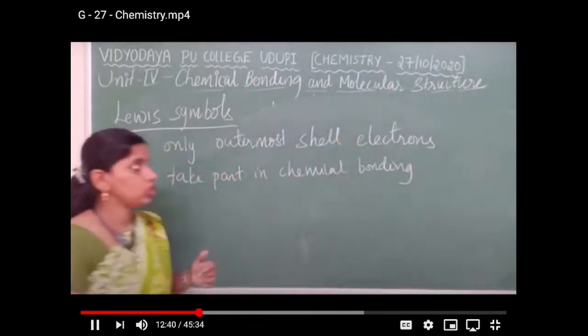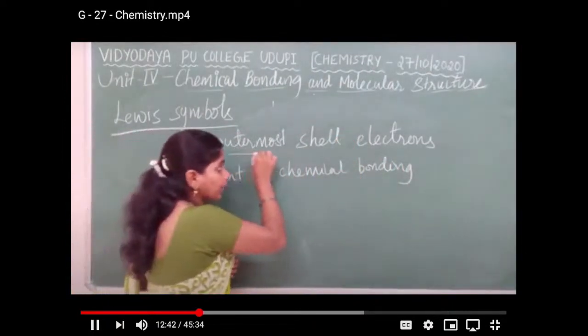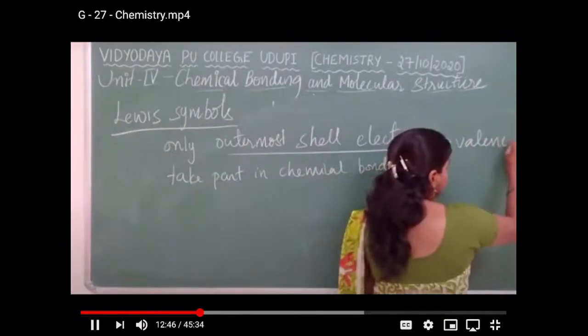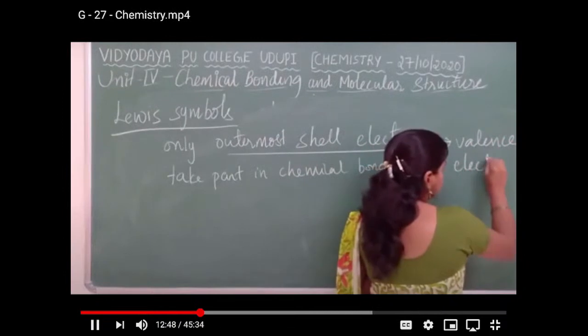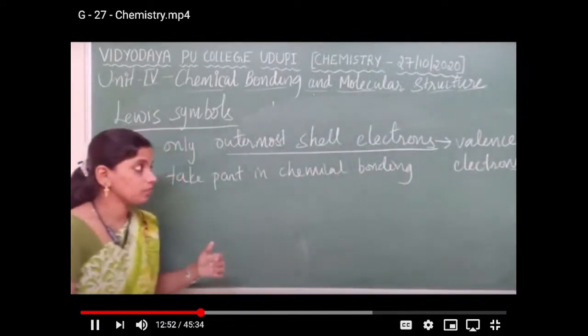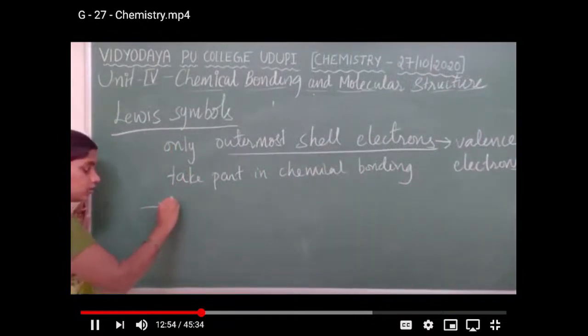These outermost shell electrons are called valence electrons.